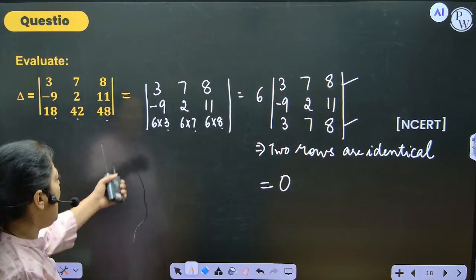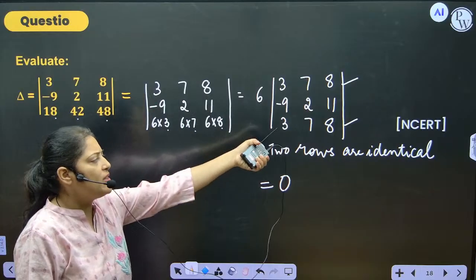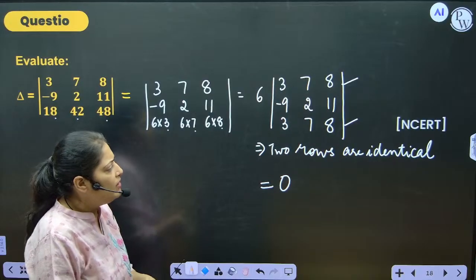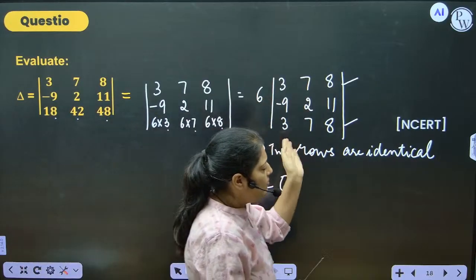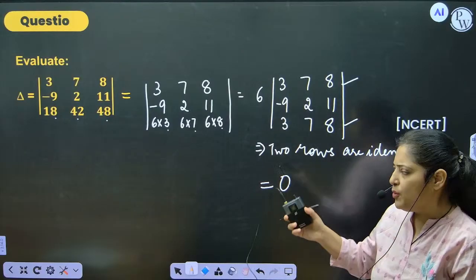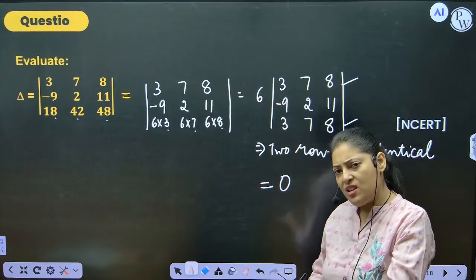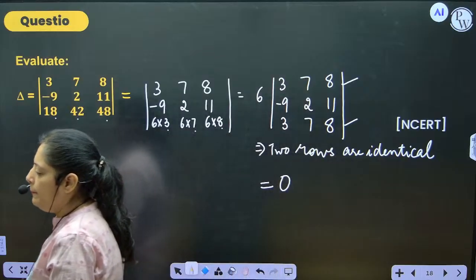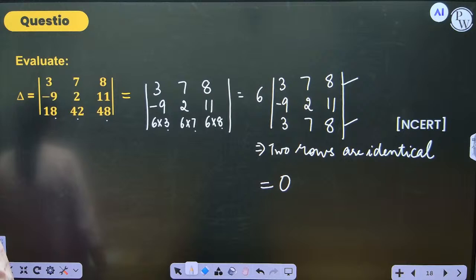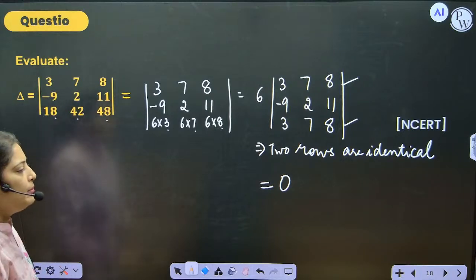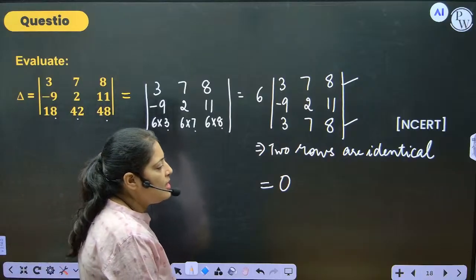See, here I have to explain you this step also and this step also. Clearly you guys can do it in one step only. Write this step and write the answer as 0. Who is asking why you have not written two rows are equal? No one will ask you. Whenever using any concept, you don't have to write it in the exam. These things you will do in the rough.